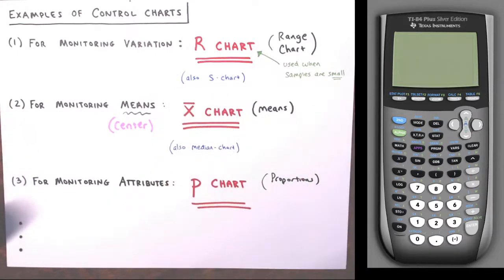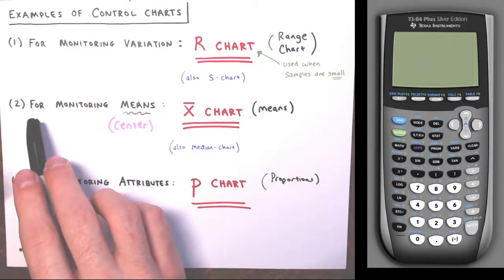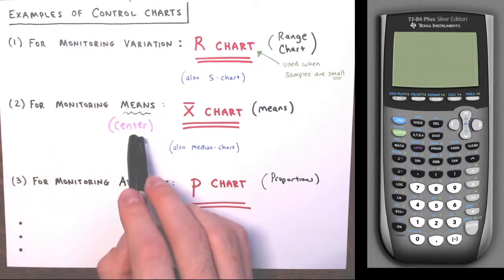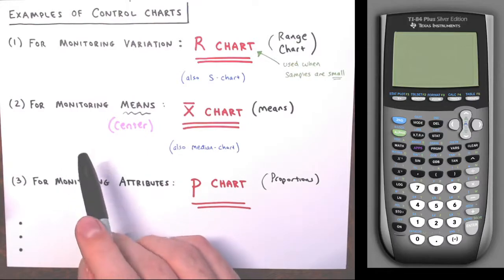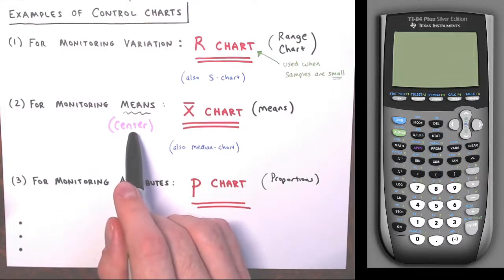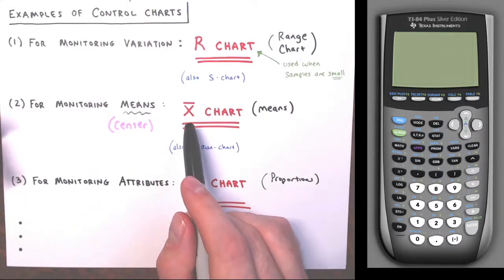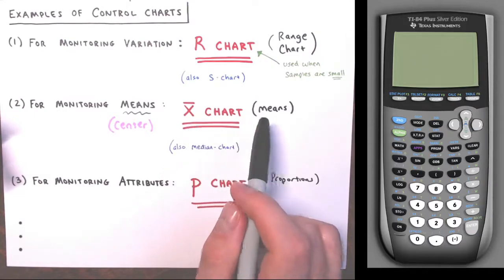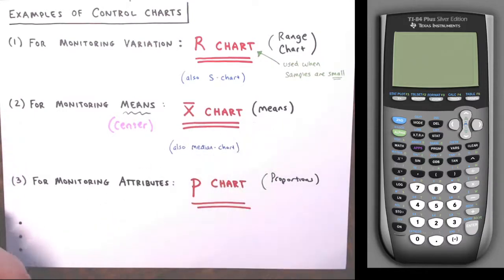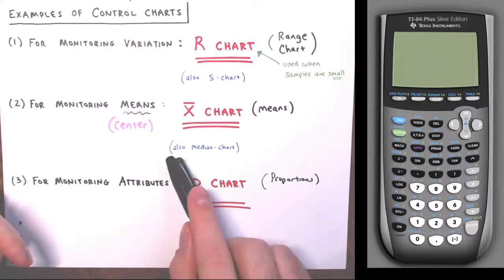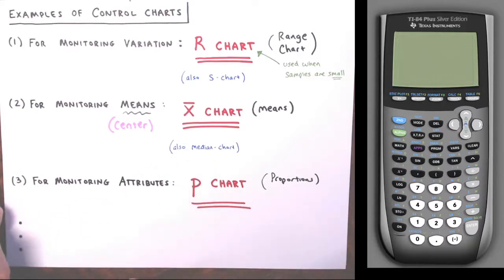Range, standard deviation. There were some charts that would monitor the center of a process, or the means of a process. I'll say center actually, because you could do an X bar chart where you're monitoring the sample means as time goes on, or you could do a median chart where you take each sample and label the medians of each sample as time goes on and monitor that.